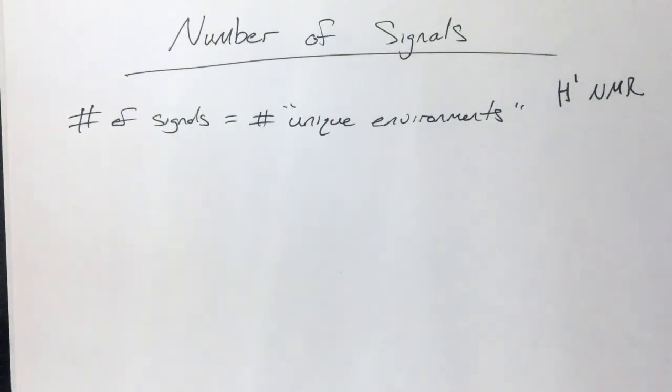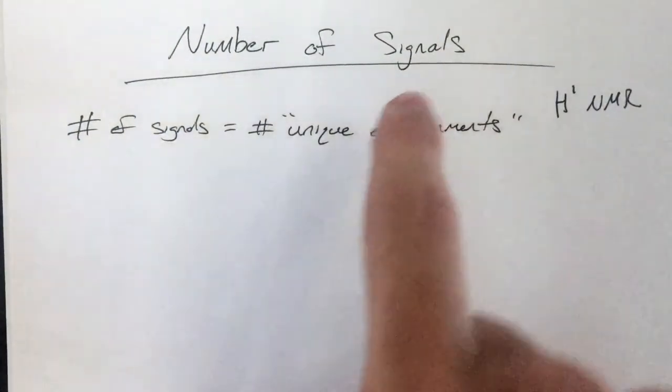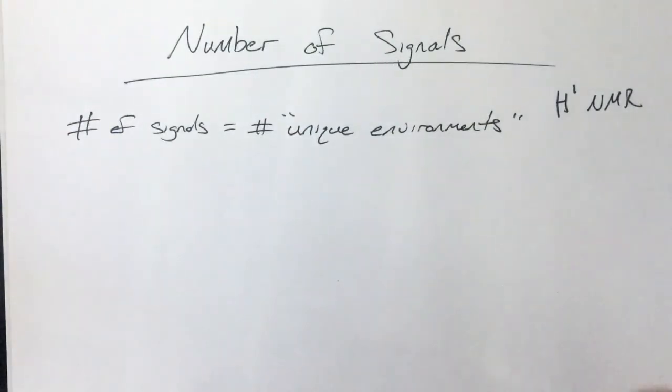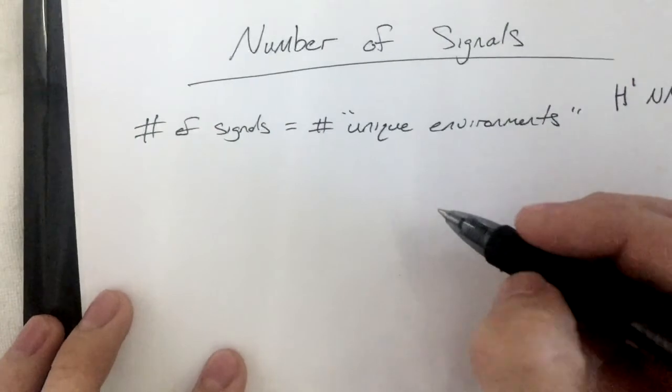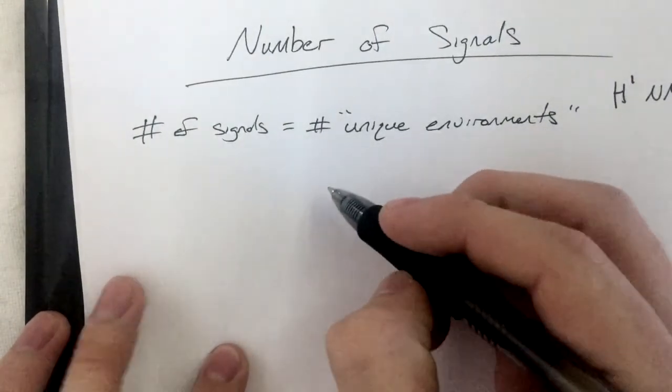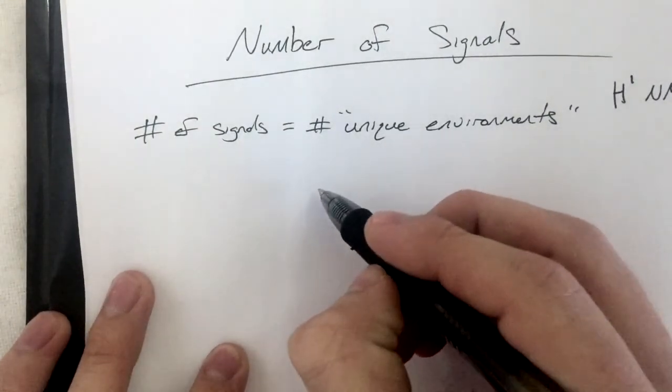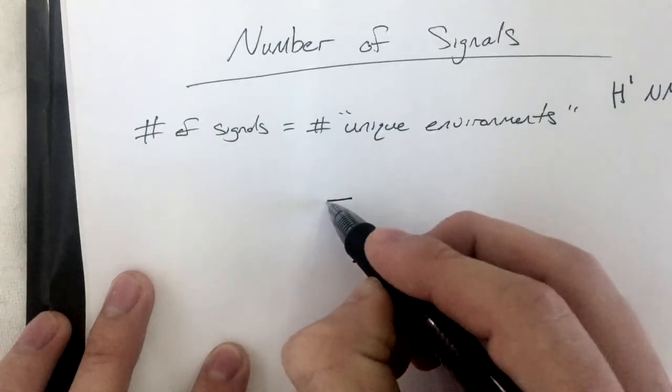For example, with counting signals, it's the number of unique environments. This can be a little bit weird, but one thing you're going to want to look at is symmetry.